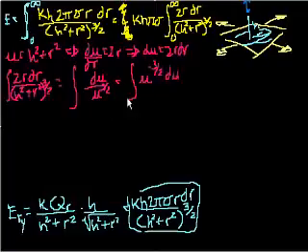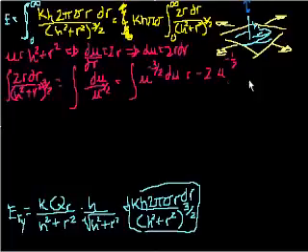This is just kind of the reverse of, I guess you would call it, the exponent rule. So that equals minus 2 u to the minus 1/2, and we can confirm, right? If we take the derivative of this, minus 1/2 times minus 2 is 1, and then subtracting 1 from minus 1/2, we get minus 3/2. And then we could add plus c, but since we're eventually going to do a definite integral, the c's all cancel out.